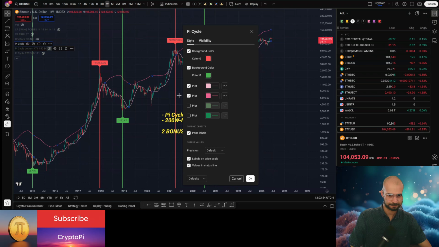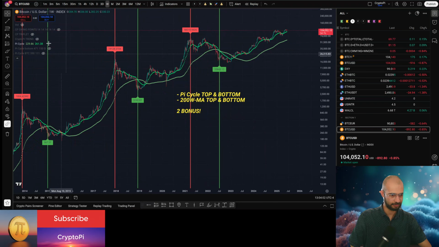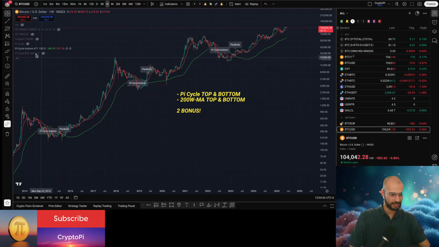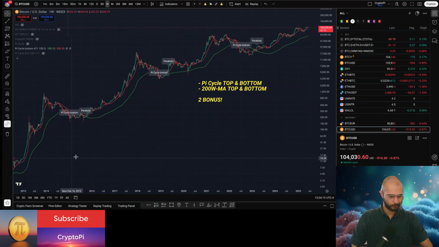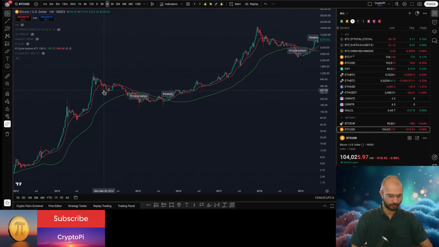For Bitcoin bottom, it's the same idea, where we have the moving averages. Let's maybe take another indicator where we have 471 as one of the moving average, which is the slow moving average, and the other one is 150, which is the fast moving average. And Pi cycle bottom indicator happens when the red moving average crosses under the green moving average.